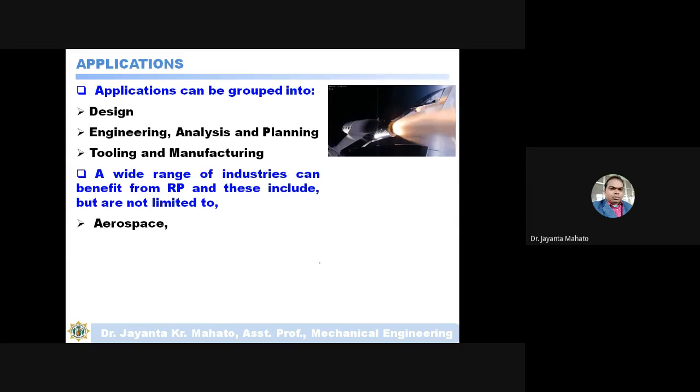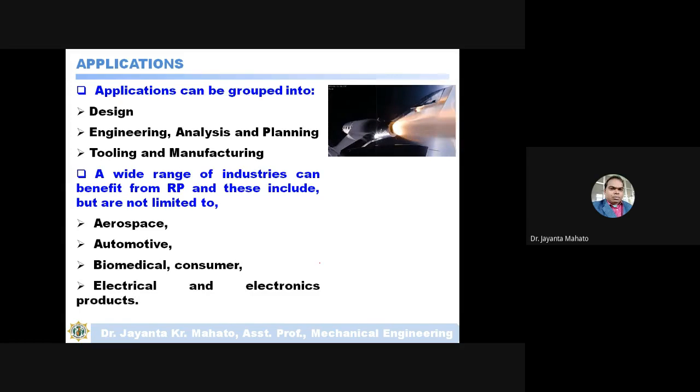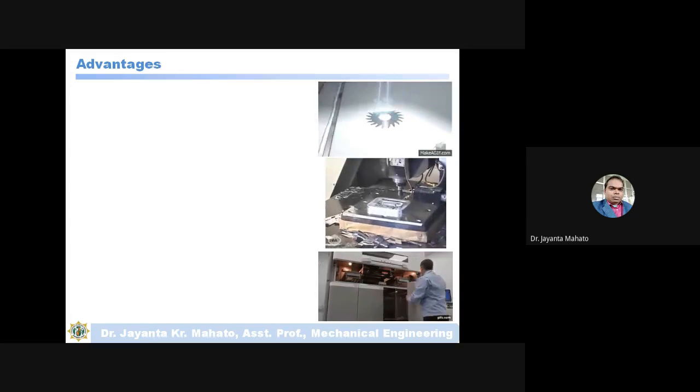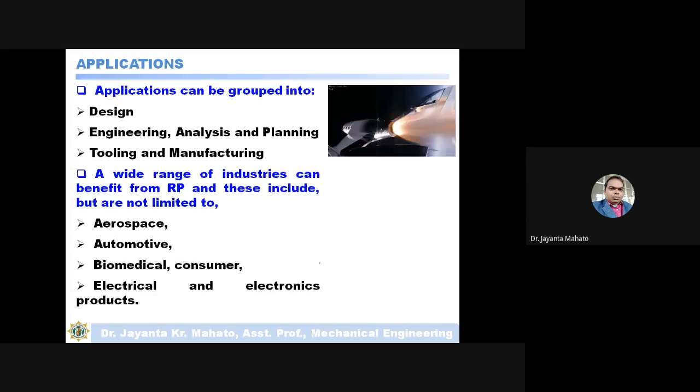This rapid prototyping manufacturing process has a wide range of applications apart from these, like aerospace, automotive industry, biomedical, consumer, electrical and electronic products. So in all these fields or applications, this rapid prototyping process can be used.